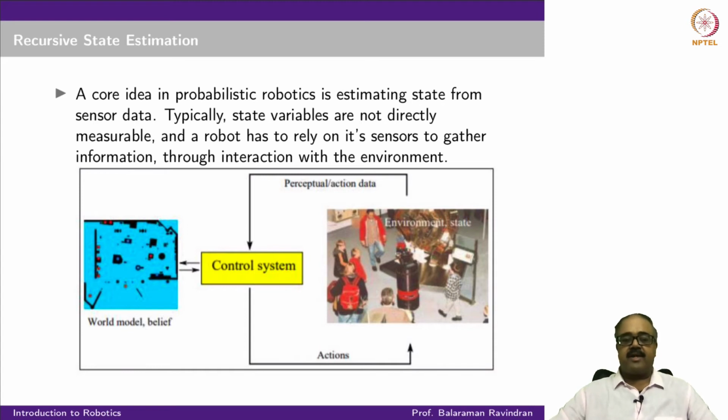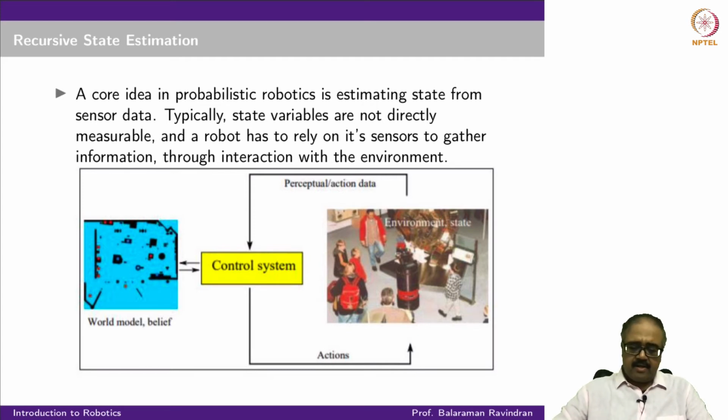So this is where the recursive part comes in. I use the previous estimate of my state and the action and the new measurements in order to get a second estimate of the state. So this is the recursive state estimation problem, and even if you start off with a very noisy estimate of where you are in the world, what exactly your state is, as you do a few iterations of this, you typically end up refining your estimate about your current exact location and orientation and other state variables, and that allows you to make better and better decisions over time.